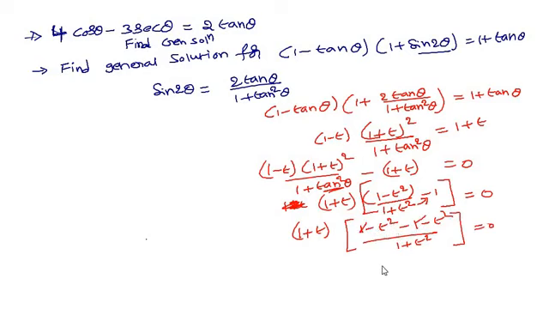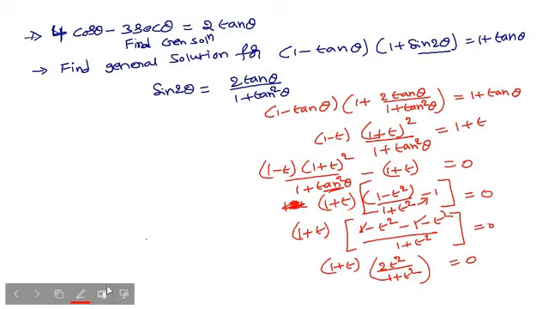You will get 2 tan square in the numerator divided by 1 plus tan square in the denominator, into 1 plus tan, that should be equals to 0.